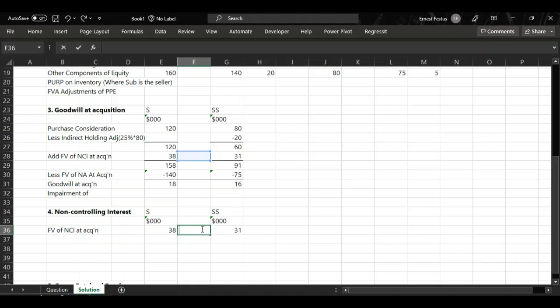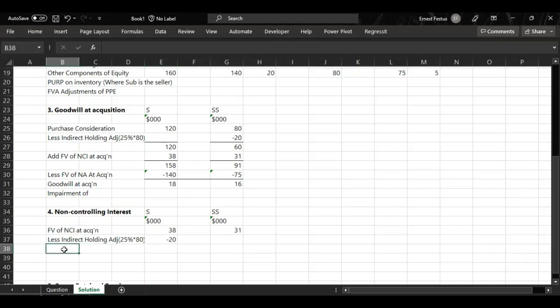Alright, so we have our fair value at acquisition, and then we will less the indirect holding adjustment. Just copy it and paste here. So we'll come to less the indirect fair value adjustment, which is equal to this value right here under S. So we have that.